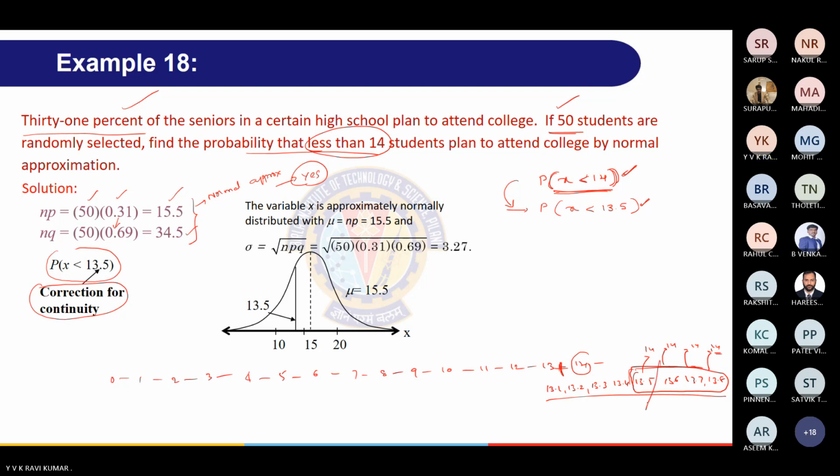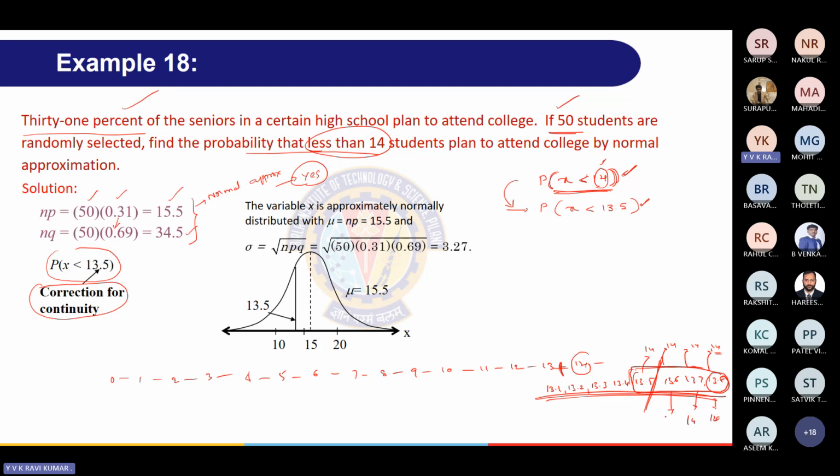That's it. But my question is, why did we do this in the first place? Why was 14 not used? This is the reason, right? So here strictly 14, right? If you follow as it is, that means we are considering all these values, right? All these values, if you round it off, it is 14, right? It is also 14.